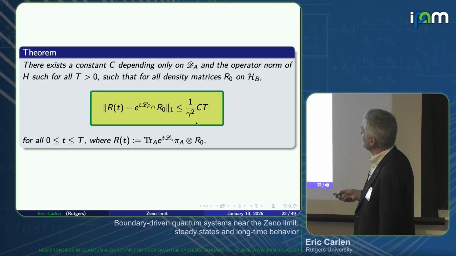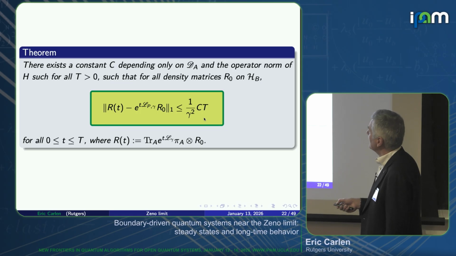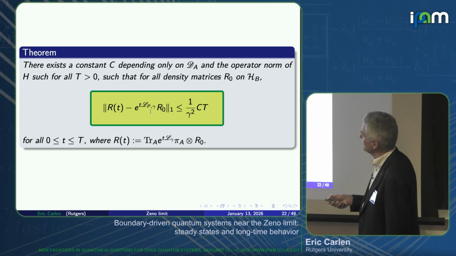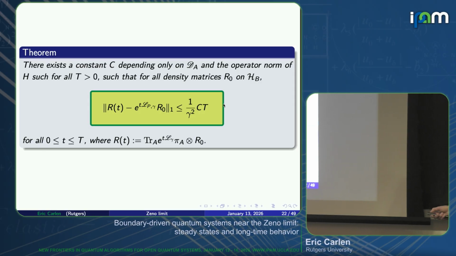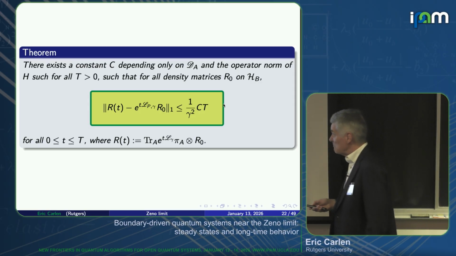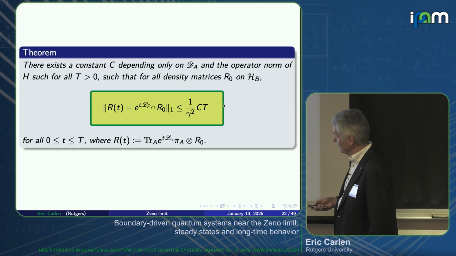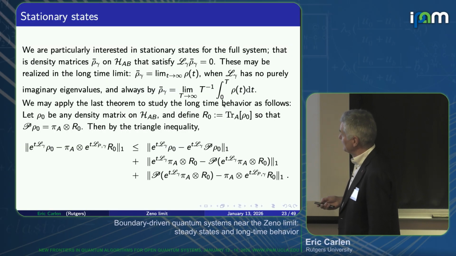And then if you look at this R of t, and here's where it's defined, down here, then R of t evolves under this projected Lindbladian, which has the 1 over gamma in it, and this gives you an accurate description out to times of order gamma squared. When t gets to gamma squared, then you're up to order 1, you've lost information, but as long as t is small compared to gamma squared, then you've got good control over the evolution that's described by this thing.